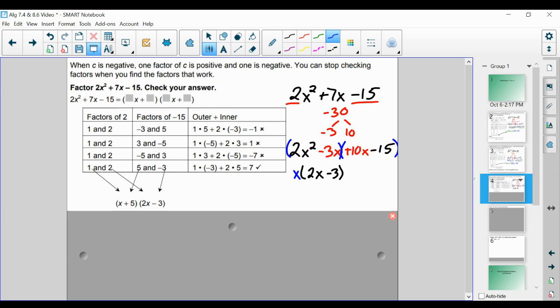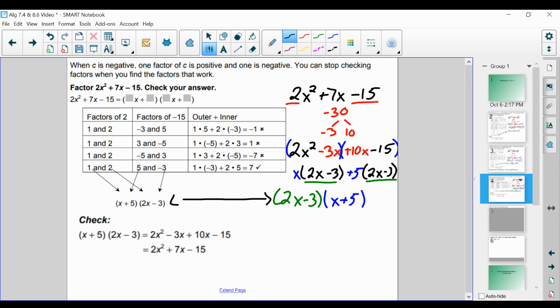In that second set, we can pull out positive 5, and that should match now. End up with 2x minus 3. We have a matching set of parentheses. We end up with 2x minus 3 as one of our factors, and then x plus 5. And as you can tell, it is the same as we got over on the left-hand side. We can always check our work just to make sure that we ended up where we started.